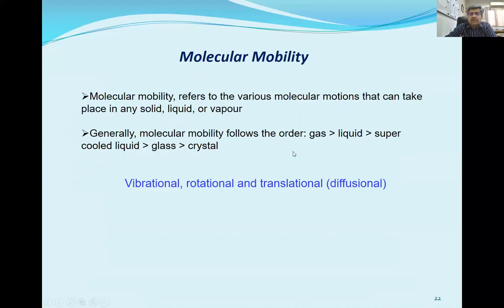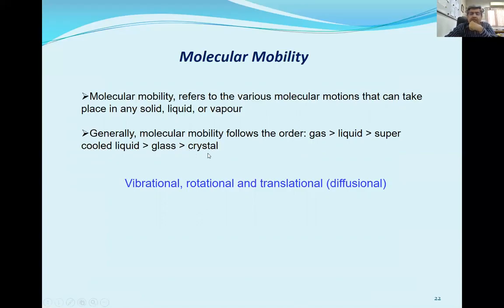In terms of the solids, if we look at that from the perspective of the solids, the glassy systems have more molecular mobility as compared to the crystalline form. And the reason for this is not very difficult to understand.